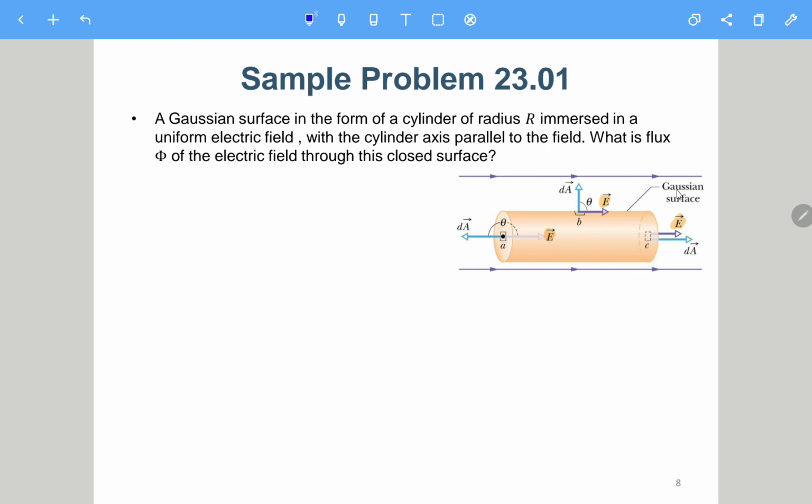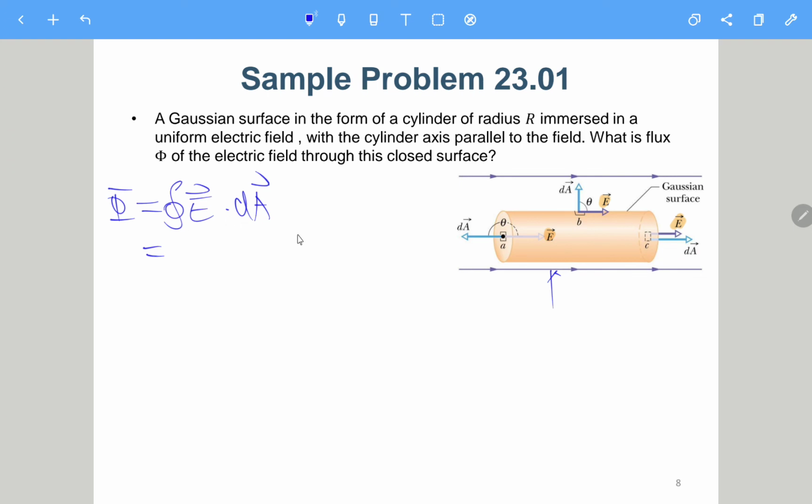Okay, so now we consider the total flux for this Gaussian surface, a cylinder. It includes the top, the bottom, and the side.